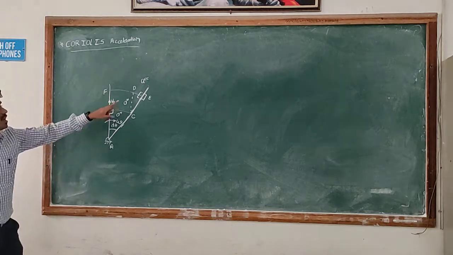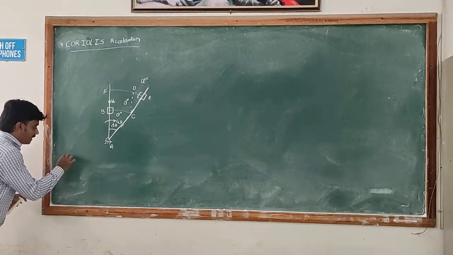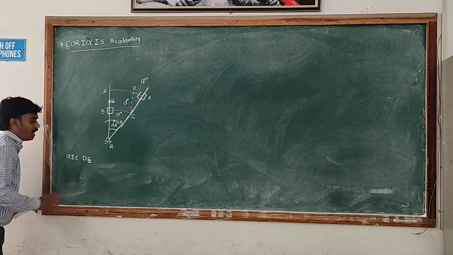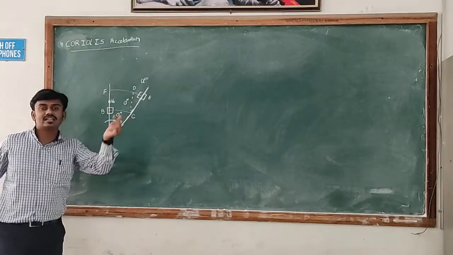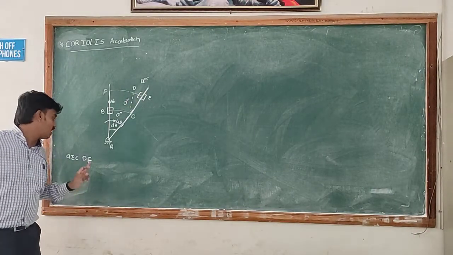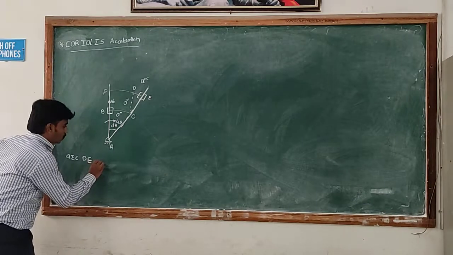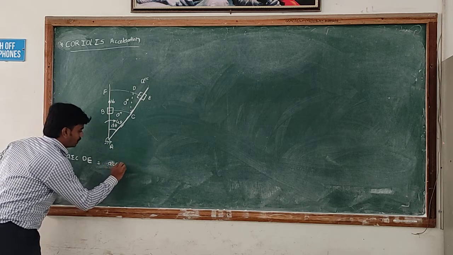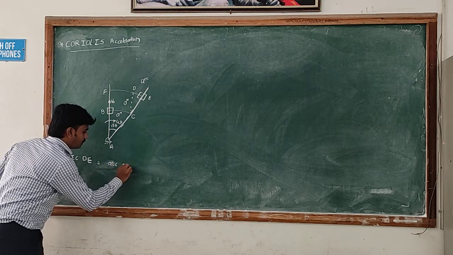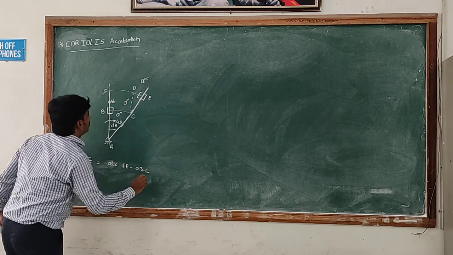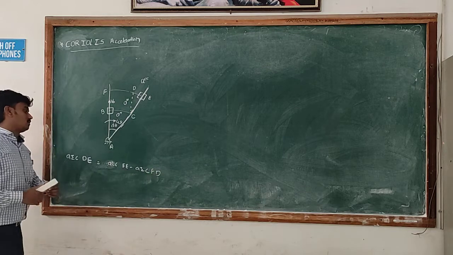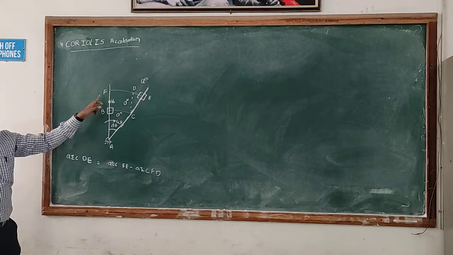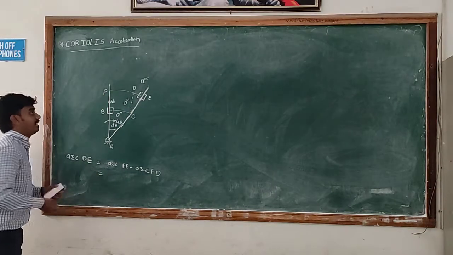So what is the Coriolis component of acceleration? It is represented by the displacement DE. Here DE is equal to FE minus FD.